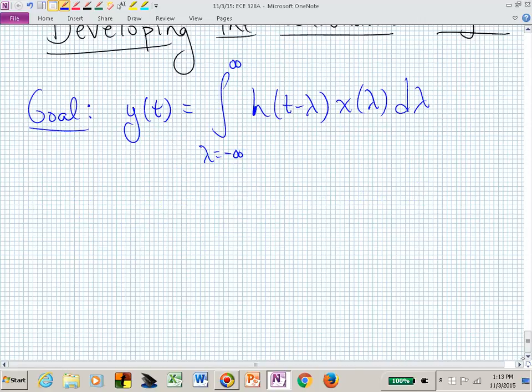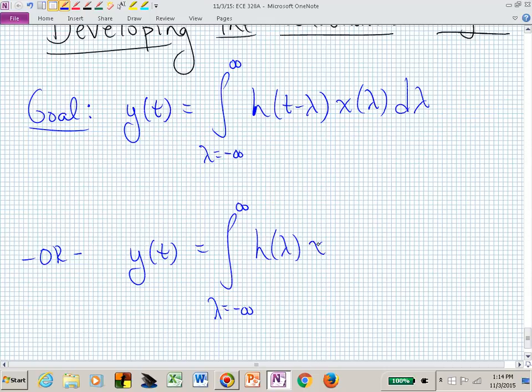Or, if you wanted to, you could write that by reversing the arguments on the impulse response and the input. We could say we have h of lambda, x of t minus lambda, d lambda. We can solve it either way and we'll get the same answer.